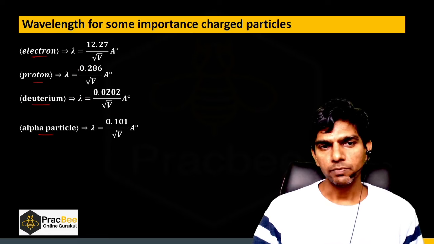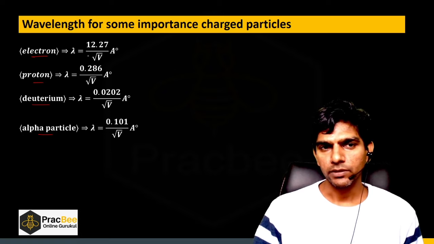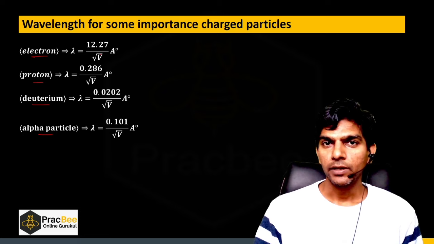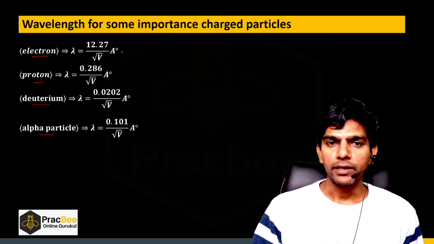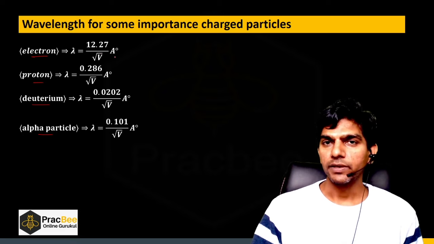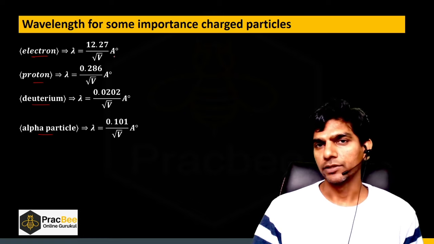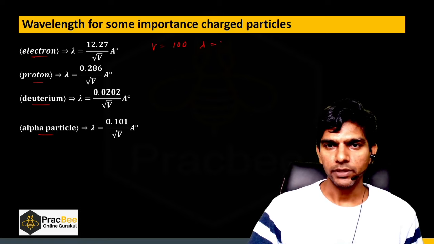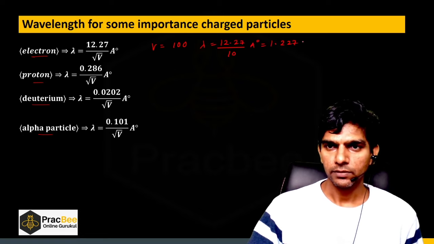So if we simplify that, the De Broglie wavelength for electron will be 12.27 upon root V, where V is the accelerating potential. And so with this formula, we can find the wavelength in angstrom. For example, in case of an electron, if V is 100, in that case, the lambda will be 12.27 divided by 10 angstrom. So it is 1.227 angstrom.